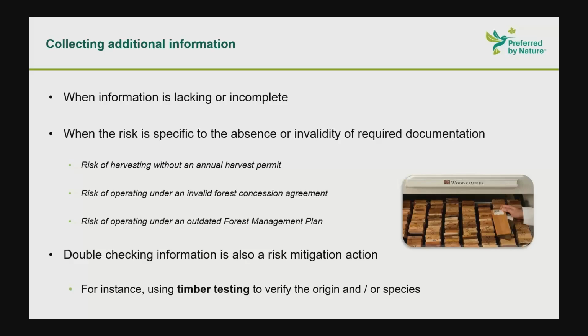But it can also be about double checking information. As I mentioned, you have access to information, you have conducted some risk assessment, you're in a country with a high level of risk, you might want to collect more documents to double check the information that you're given, right? Timber testing in this instance is an option that's quite good to verify origin and species.